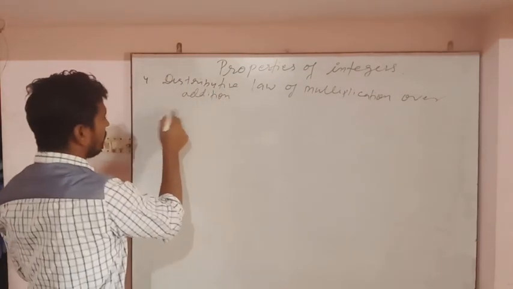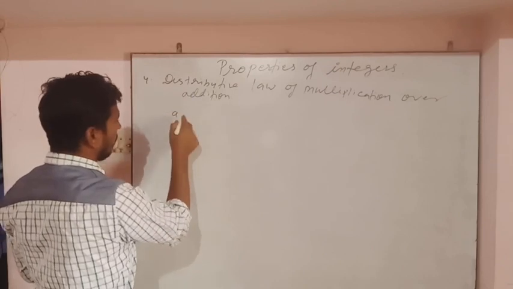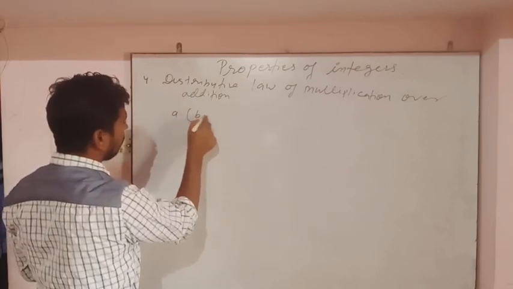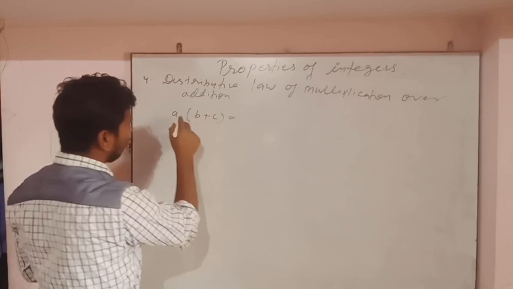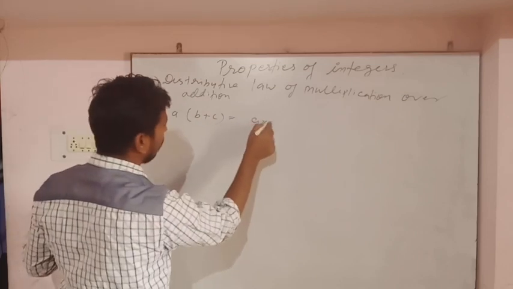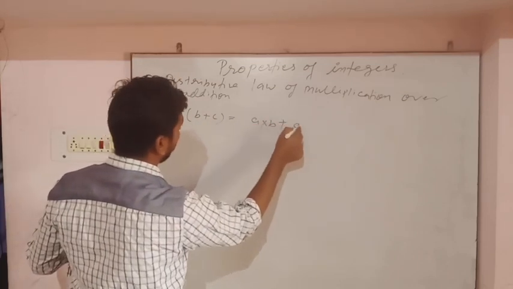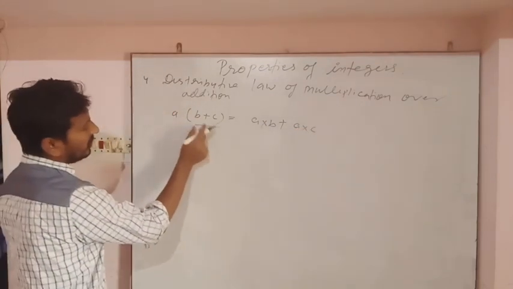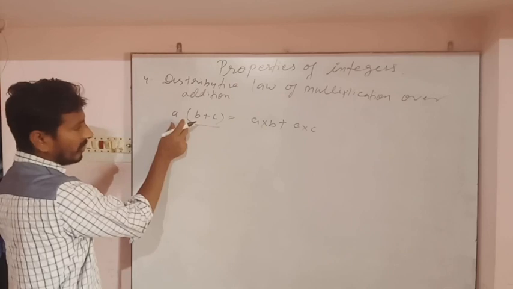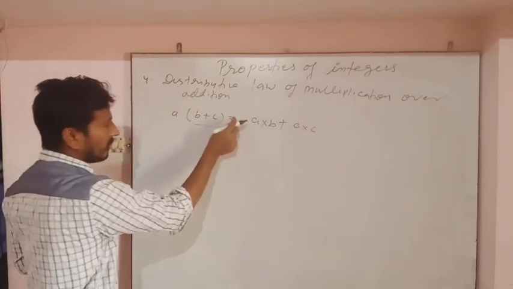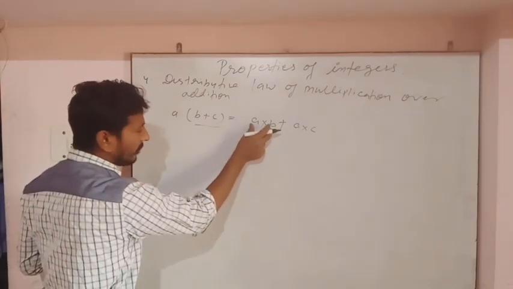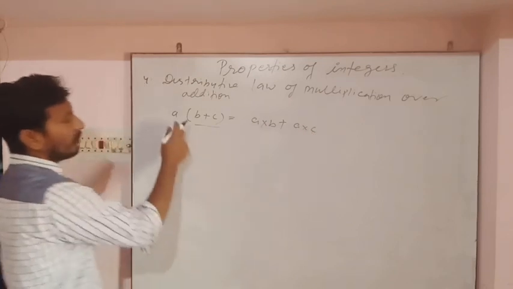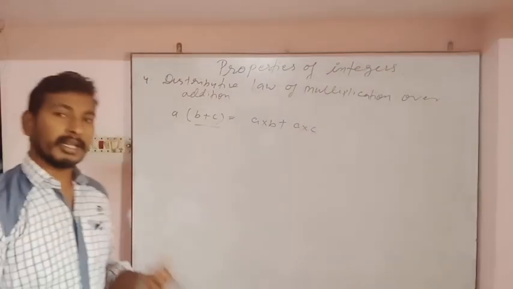Now, this property says that A bracket B plus C is equal to A into B plus A into C. So, if B plus C is multiplied by A, then this will be equal to AB plus AC, where A, B and C are integers.